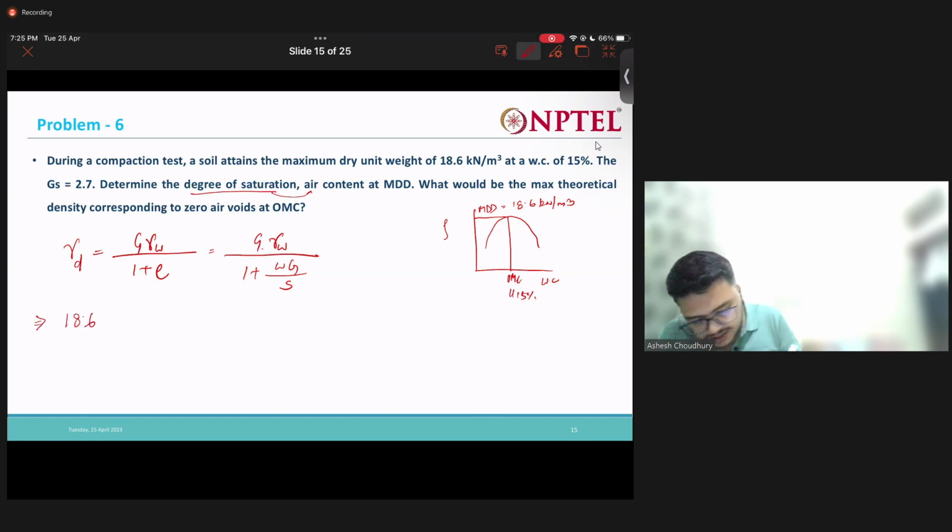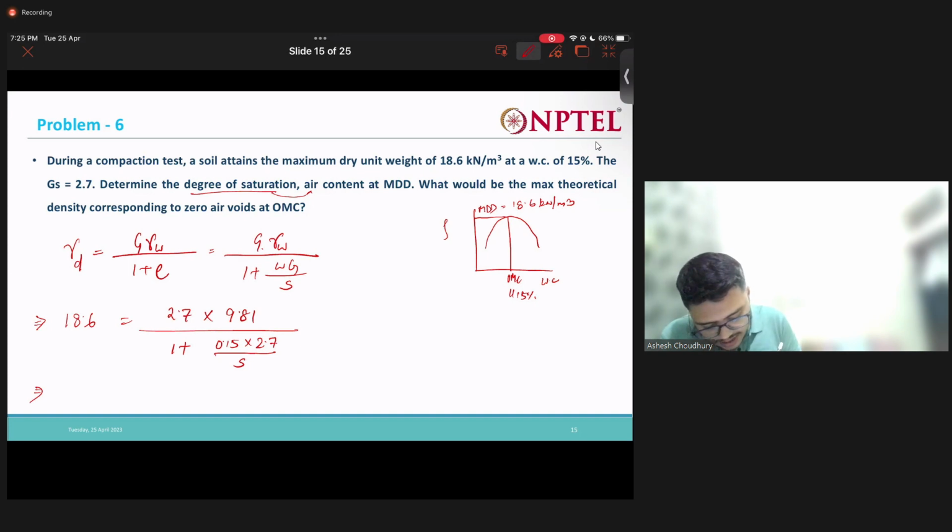So this is given as 18.6 is equal to 2.7 and so on.